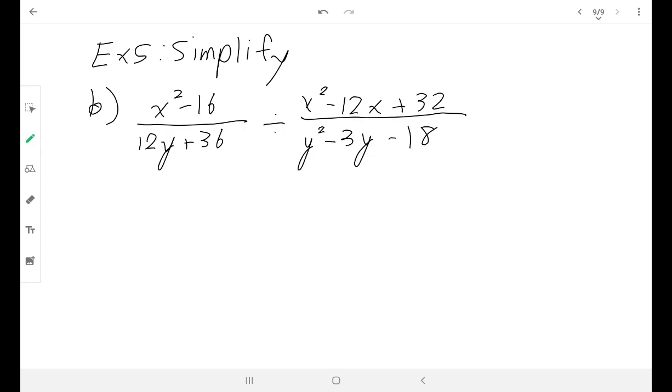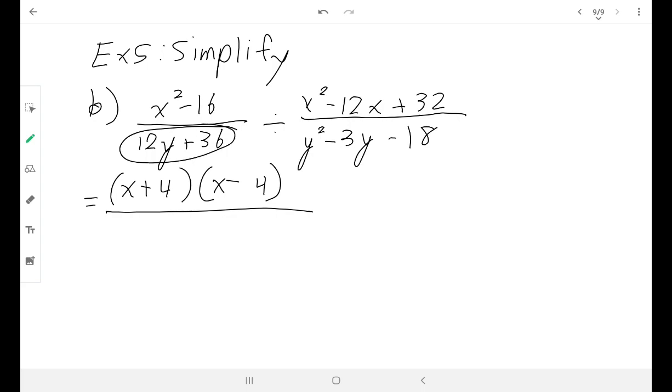So again, I want to do all the factoring, and once I do the factoring, I'll do the keep, change, flip, and all that. But let's save that to the end, okay? So here, again, I have a difference of squares, which means it's the square root and the square root twice, once added, once subtracted.